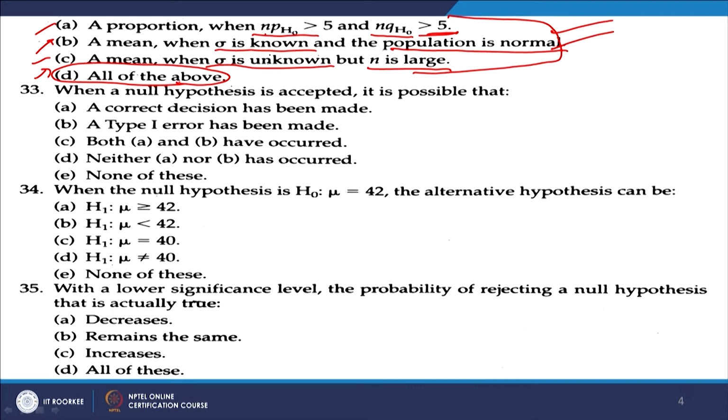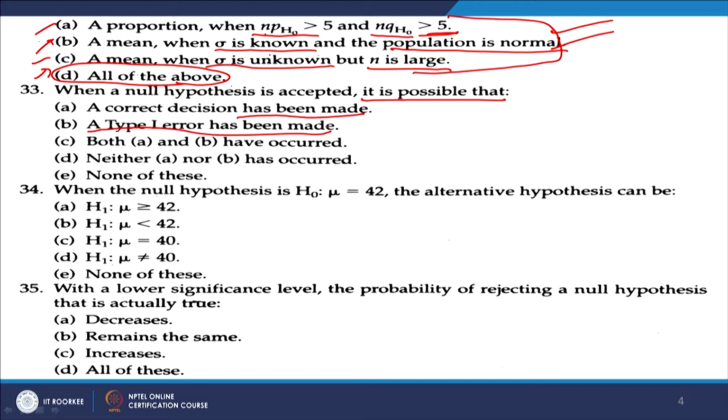When a null hypothesis is accepted, it is possible that a correct decision has been made, or that a type 1 error has been made. What is type 1 error? The probability of rejecting a null hypothesis when it is true.